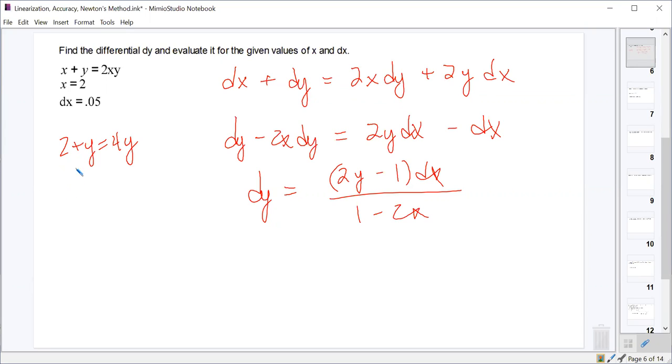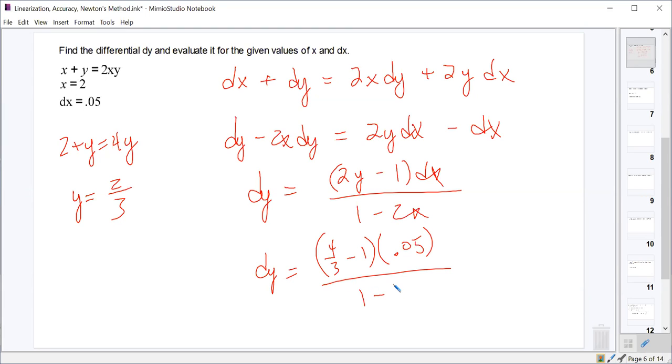We get y equals 2/3. So we'll plug it all in. dy ought to be 4/3 minus 1 times our dx all over 1 minus 4.